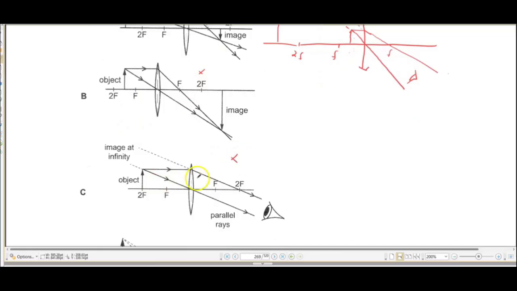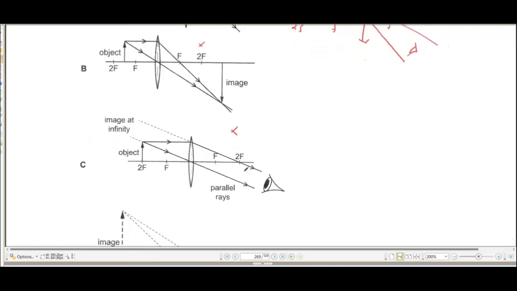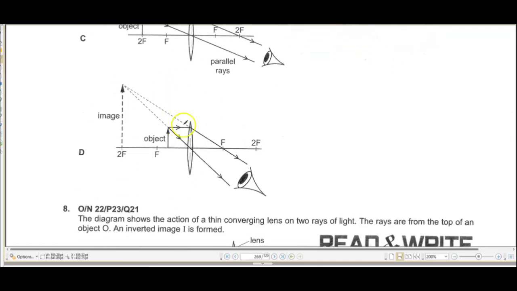This is the case for a photocopier machine. So this is not a case for a magnifying glass. This is the case for a magnifying glass when the object is placed between the focal length and the optical center of the lens, and the image is formed on the same side as that of the object, and it's a virtual and an upright image. So D is going to be our correct option.